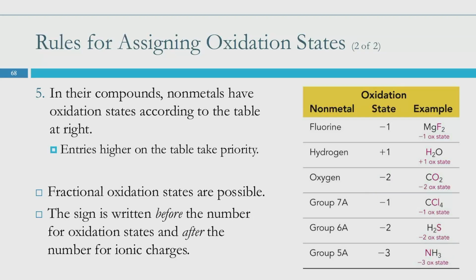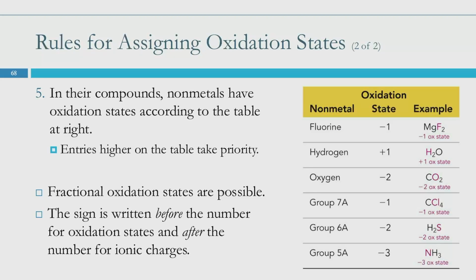And then the rest of our 7A halogens, our 6A chalcogens, our 5A pnictogens get their respective -1, -2, -3. It might be helpful to notice that these numbers are the same as the charge that they would normally form.